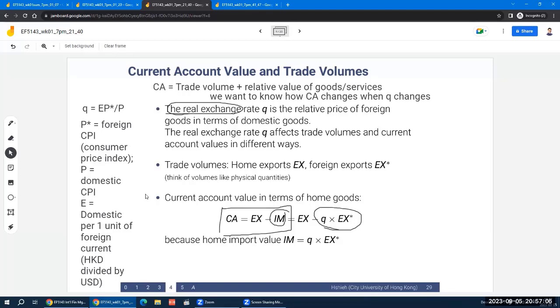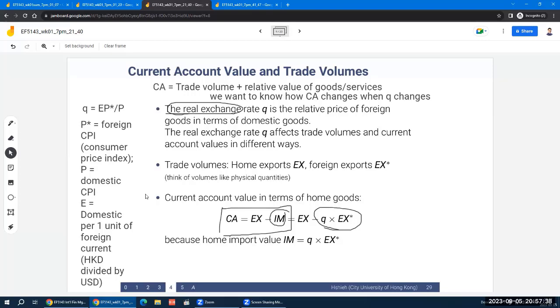So given this Q, we can use this Q to replace IM with Q times EX star. And the way to think about this is we're converting the value of foreign exports, which is our imports, into domestic currency levels. That's all we're doing. And based on this new equation, you can already see where the trade volume effect and the relative goods value come from, right?